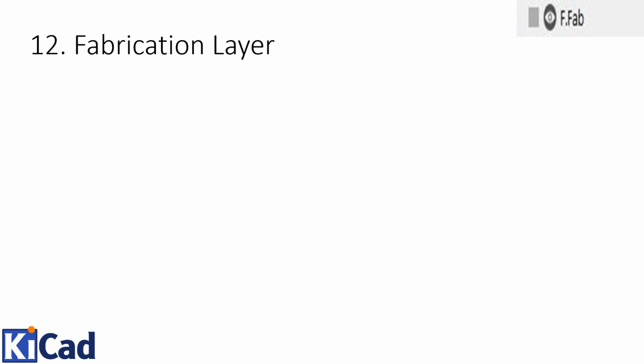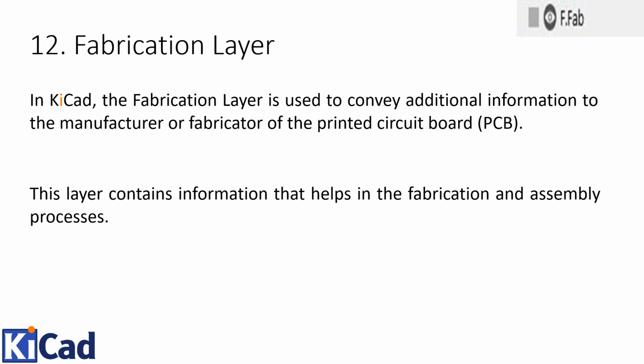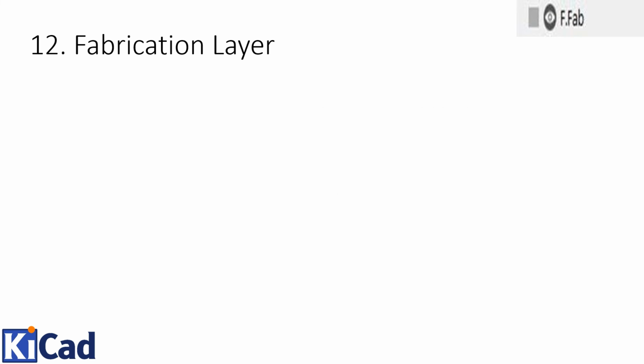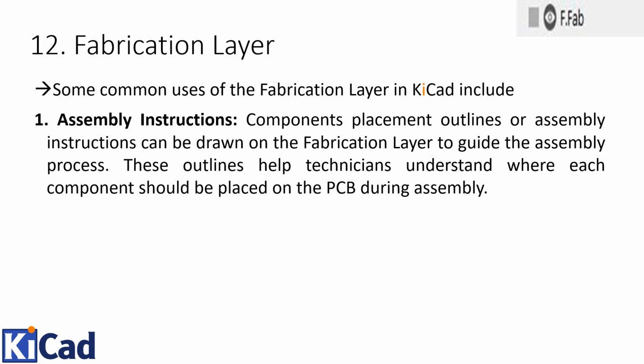So now we will discuss the fabrication layer. In KiCad, the fabrication layer is used to convey additional information to the manufacturer or fabricator of the printed circuit board. This layer contains information that helps in the fabrication and assembly process. Some common uses of the fabrication layer in KiCad include assembly instructions.